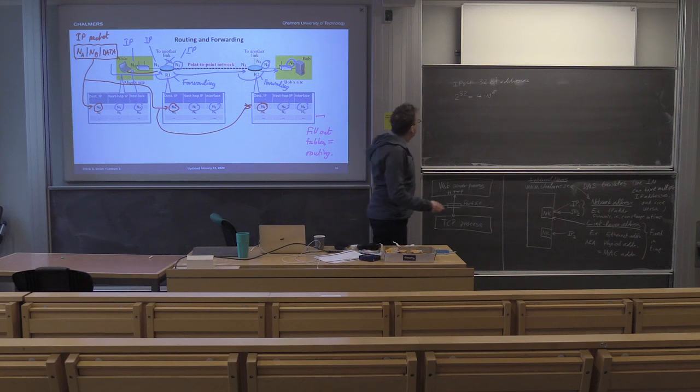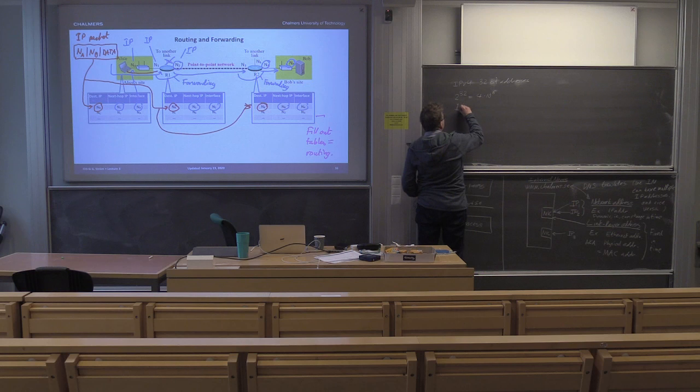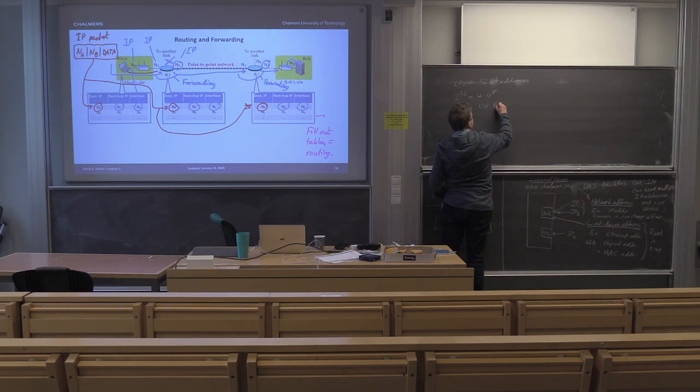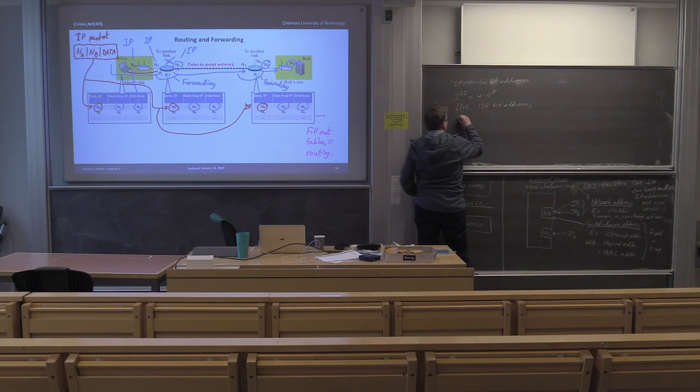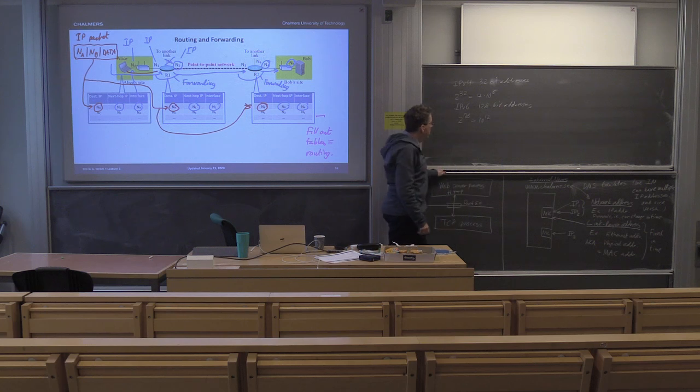And then we know that there is an IP version 6, which is the successor to IPv4, because we're running out of addresses here. It has 128-bit addresses. And 2 to the power 128, I don't know, but it's 10 to the 12 or something like this, I would think.